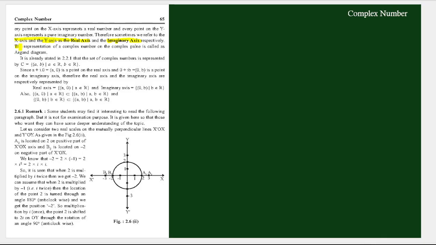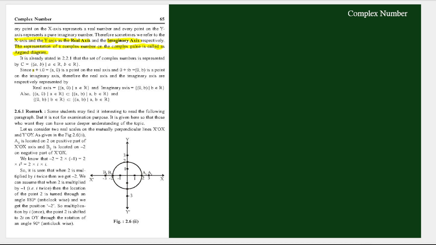And this representation of a complex number on a complex plane is called your Argand diagram. So if you are told to draw an Argand diagram, you have to draw this one.